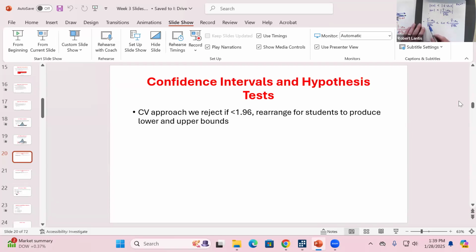mean, what I'll end up doing is, I'll multiply this first. That cancels out. So I'm left with what? This.